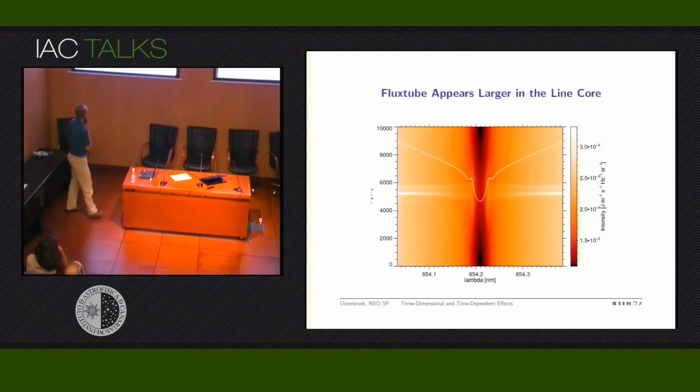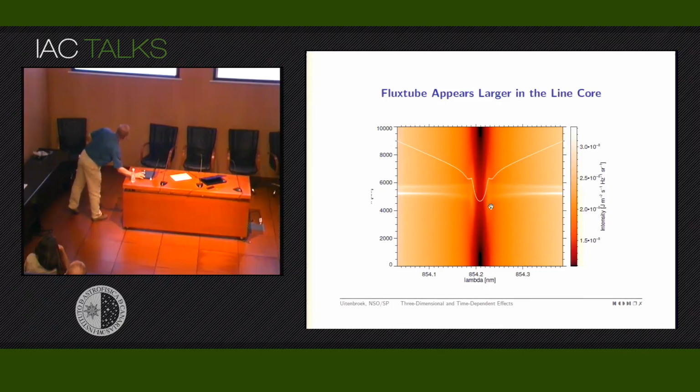And you can clearly see that. Now, this is a bit of a complicated picture, but horizontally, I've shown the wavelength through the line. So you see the spectral line. And vertically, I now show the distance along the flux tube. So the flux tube is in the center.